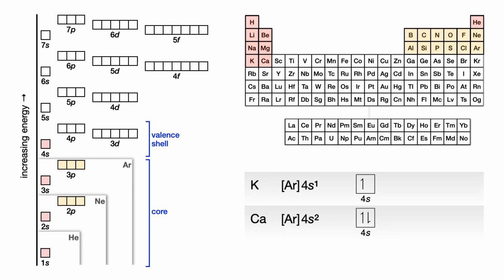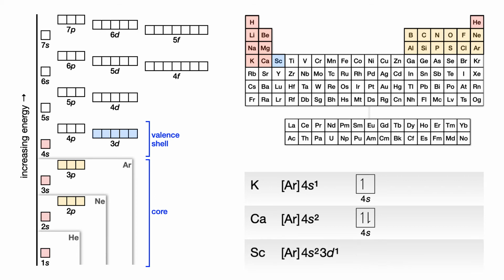And then scandium, the next element, the next available orbital to put the electron in is in the 3d sublevel over here. And so the outermost electron in scandium is going to go into the 3d sublevel.